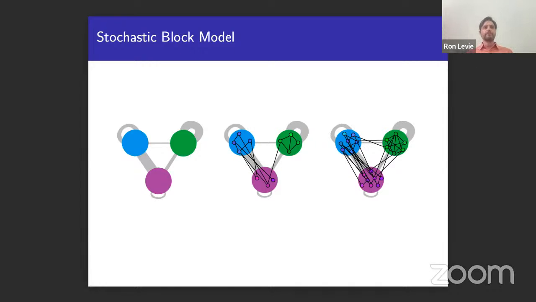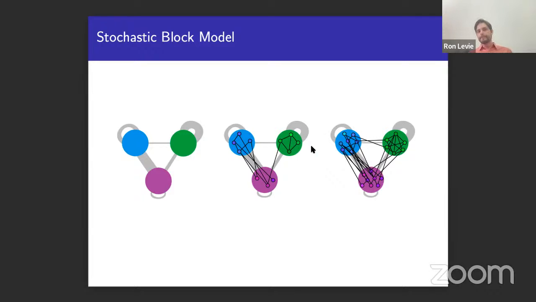This is a generative model of graphs where we consider a set of classes, and between each pair of classes, we consider a probability of having an edge between the classes. We generate a random graph by sampling nodes randomly from the different communities and connecting each pair of nodes with probability given by the stochastic block model. Okay, so we can randomly sample graphs of different sizes from the same stochastic block model.